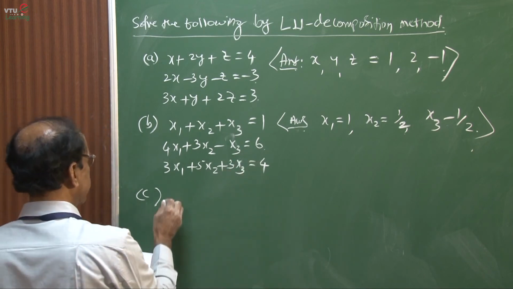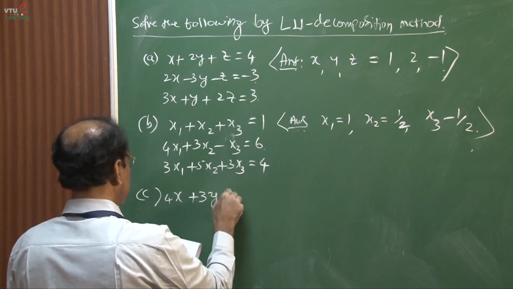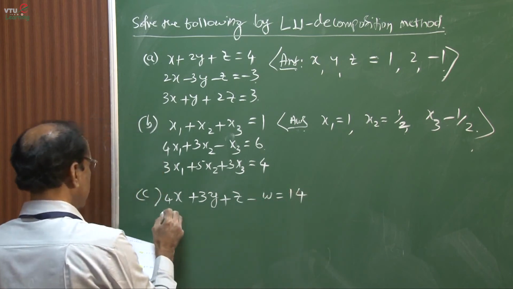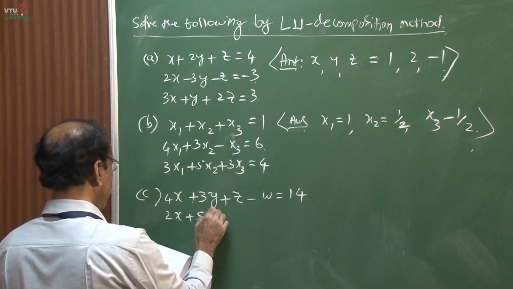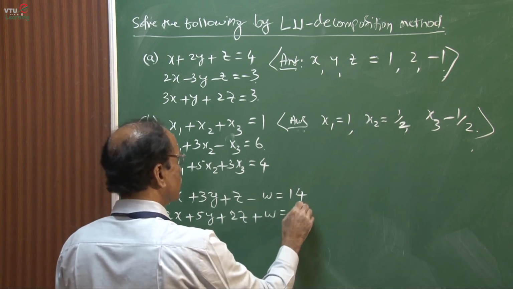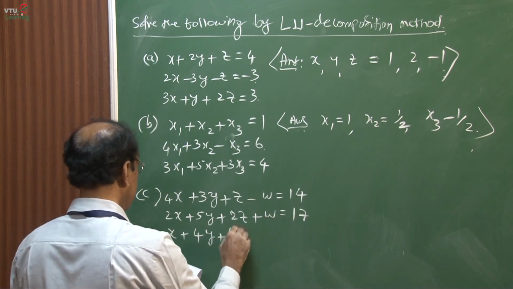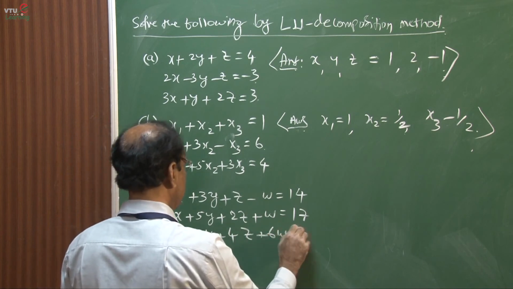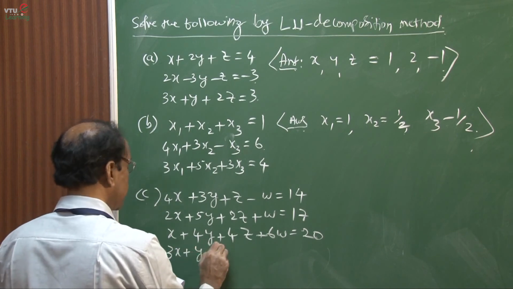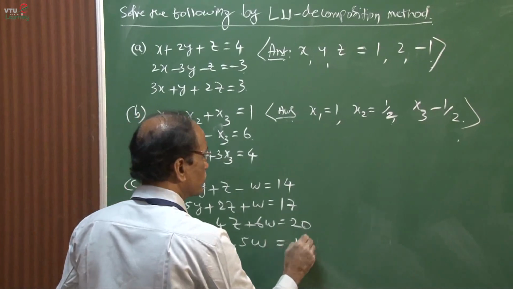So, one example: 4x plus 3y plus z minus w equal to 14, 2x plus 5y plus 2z plus w equal to 17, x plus 4y plus 4z plus 6w equal to 20, 3x plus y minus z plus 5w equal to 12.